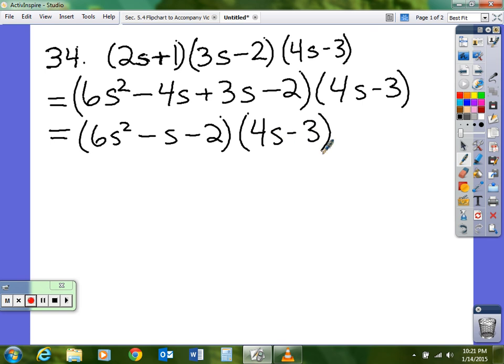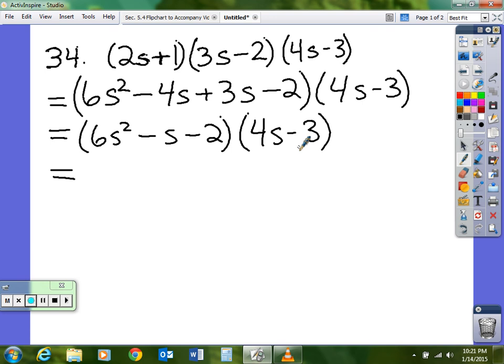We can now use extended FOIL to multiply the other two sets of parentheses. We are going to take 6s squared and multiply it by both 4s and negative 3. Then we will take negative s and multiply it by 4s and negative 3. And finally, negative 2 times each of the 4s and the negative 3, giving us a total of 6 terms.